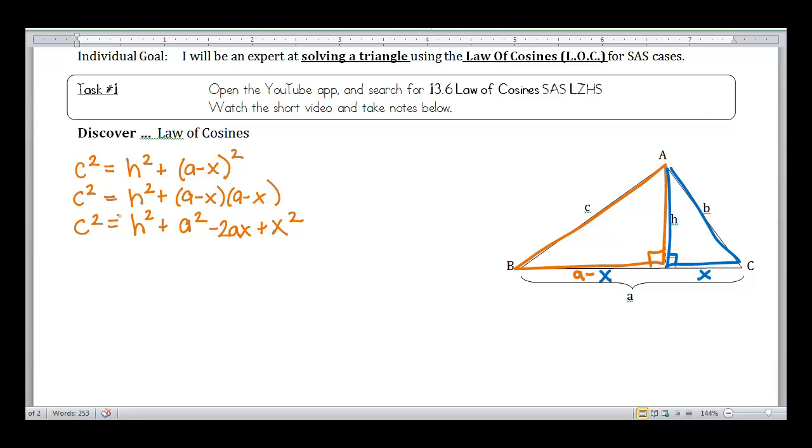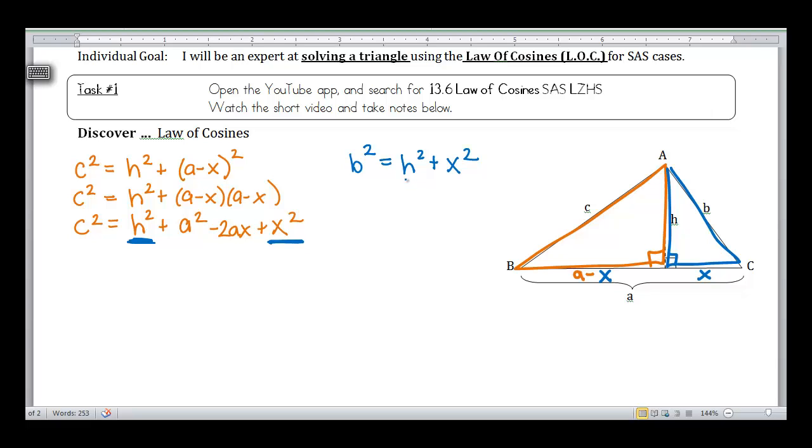At this point, let's go ahead and now look at Pythagorean theorem for the hypotenuse of my right triangle. And so here the hypotenuse is B, so B squared will equal our H squared plus X squared. Now, if we look back at this other triangle, right now I have an H squared and an X squared being added together.